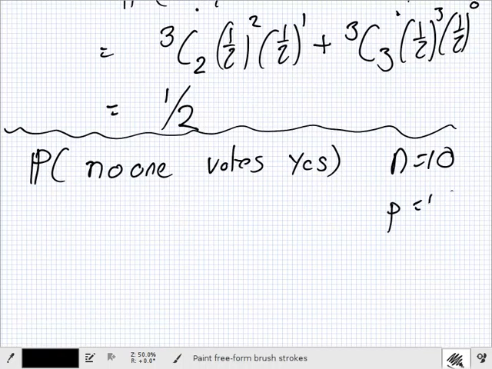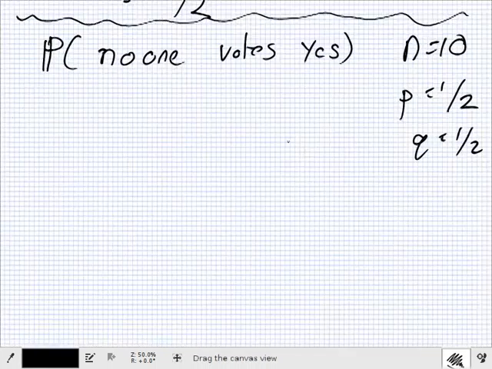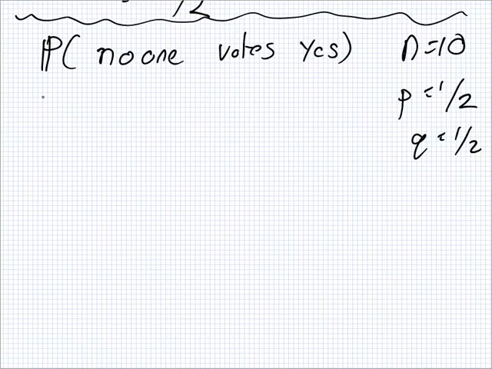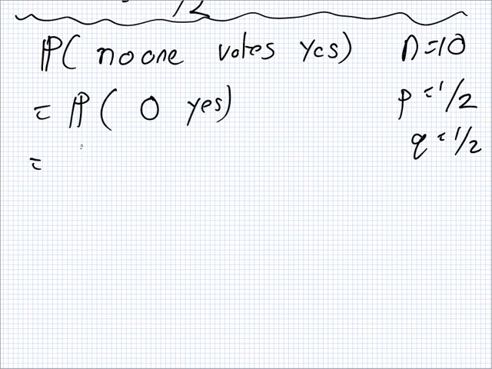P is a half. Q is a half. No one votes yes. No yeses. So, if no one votes yes, how many yeses? That's 0 yeses. So that would be 10C0, a half power 0, a half power 10.